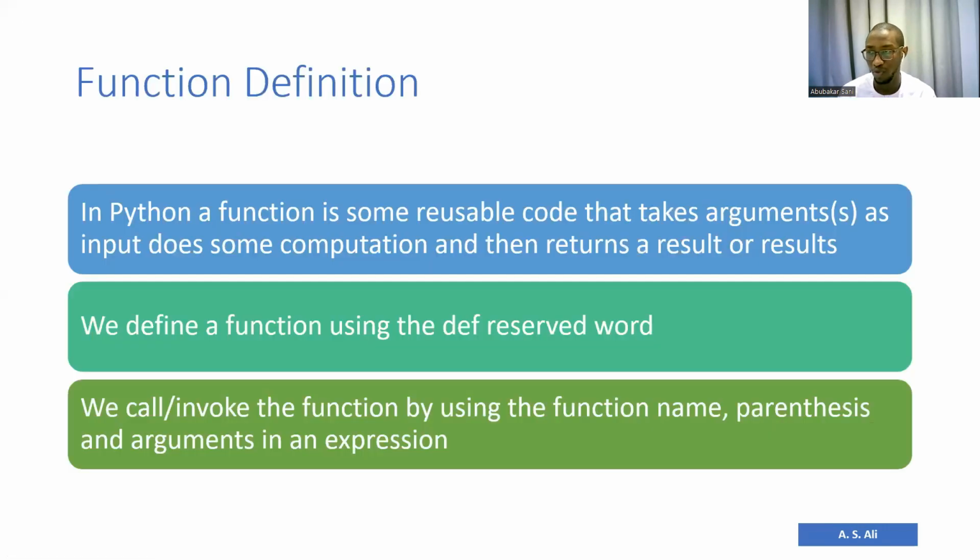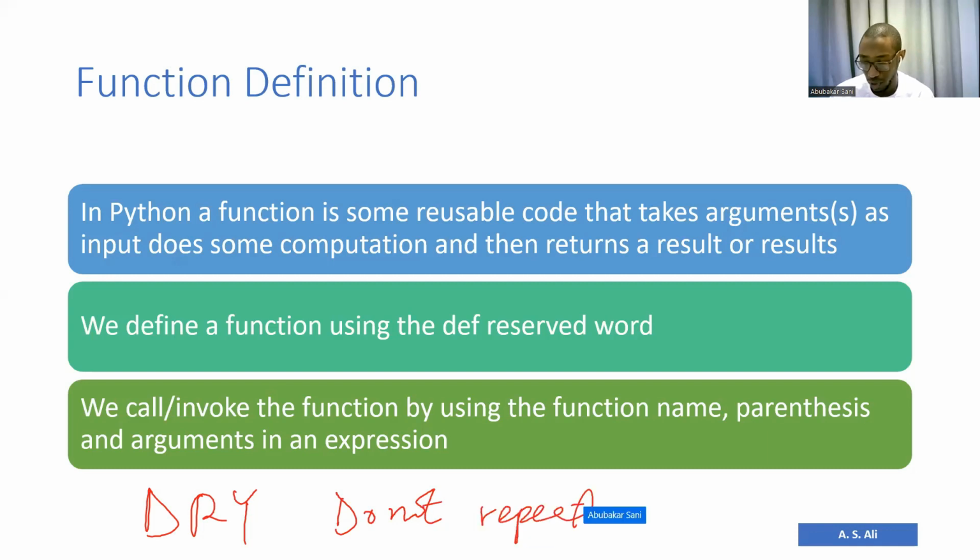So in programming, we have a concept called the DRY concept, okay? DRY, which means don't repeat yourself. If you look at the loops we are doing, it's because we do not want to keep on writing the same lines of code over and over again.